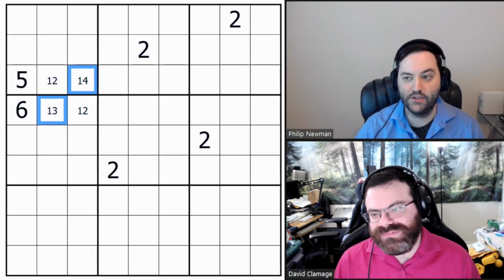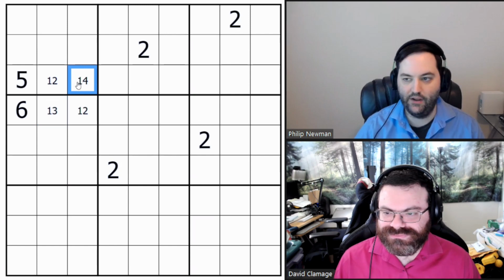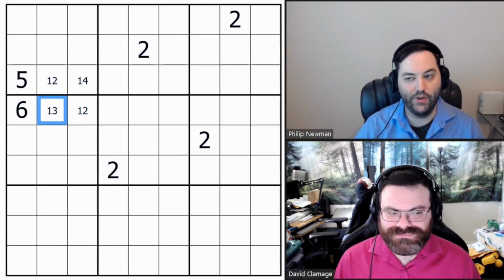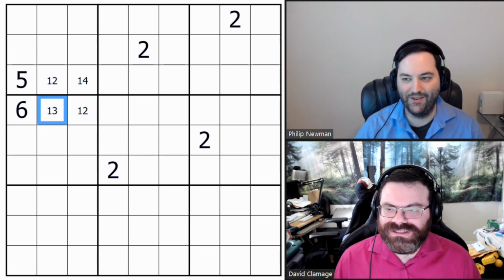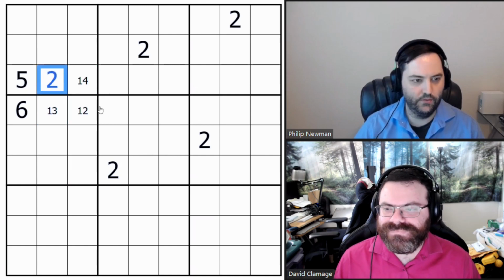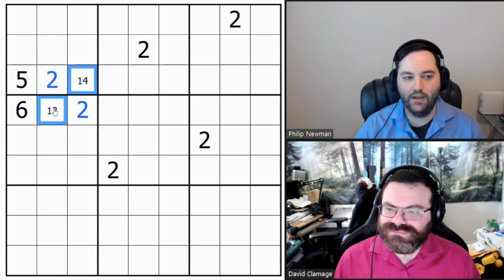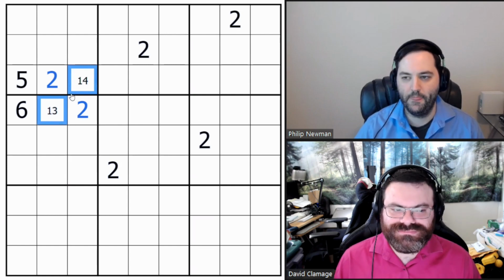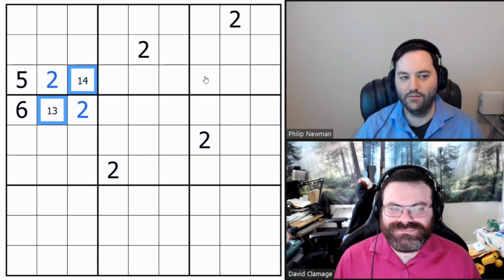Now, additionally, either this is a 4 or this is a 3. But we actually can't make any eliminations on that basis. Can't you place the 2s, though? Yeah, you can place the 2s. You can't make any eliminations on this basis. You just know that these aren't both 1. So you have a strong link between the 3 and the 4, but you can't determine which is which.